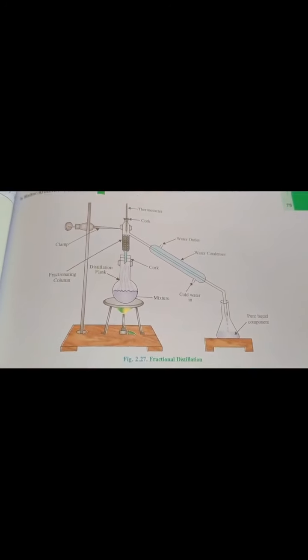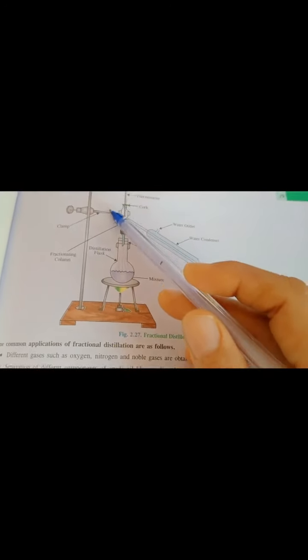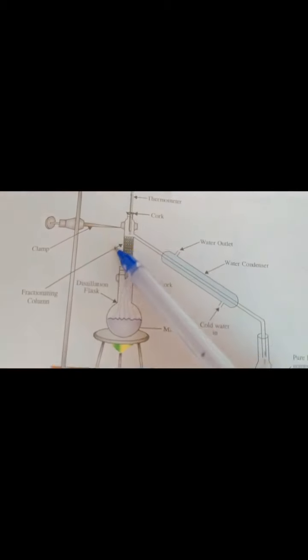Next method in our continuation is fractional distillation. For fractional distillation, we will take this type of apparatus. Nothing new here. Only one fractional column is additionally set up as compared to distillation. This is of distillation, and in this fractional distillation, this column is here.